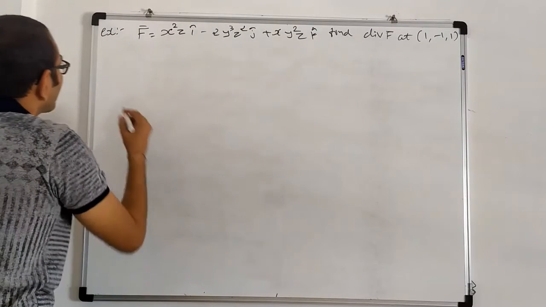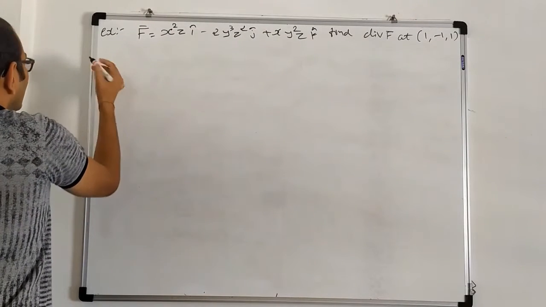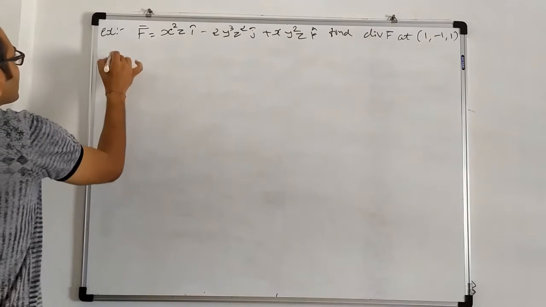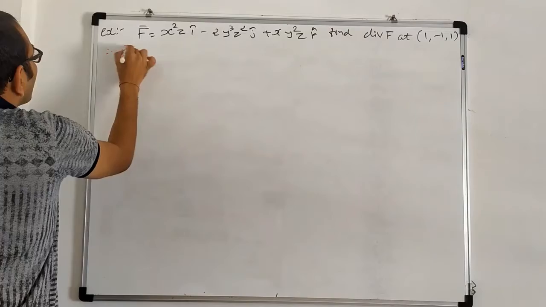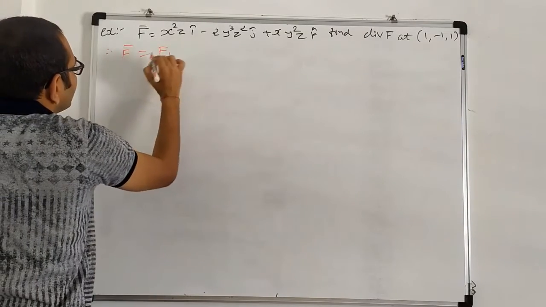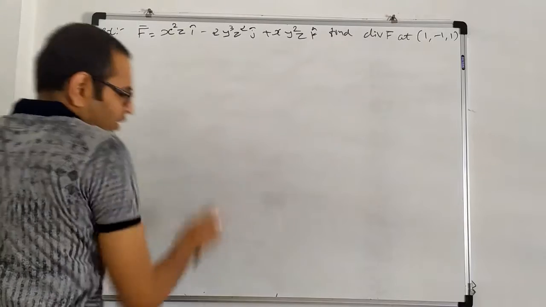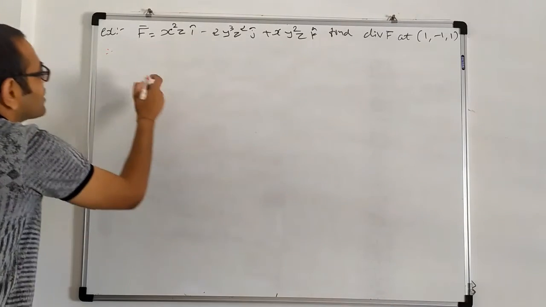First, f bar equal to f1, finding the divergence.